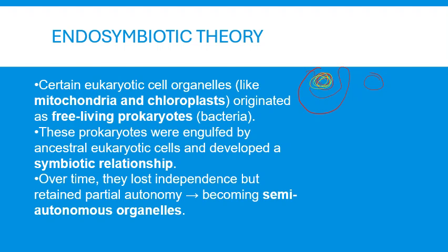This is the mitochondria, and this is the ancestral eukaryotic cell which engulfed it. After engulfing it, they both developed a symbiotic relationship: the mitochondria giving energy and power to the cell, and the eukaryotic cell keeping the mitochondria safe from the external environment.